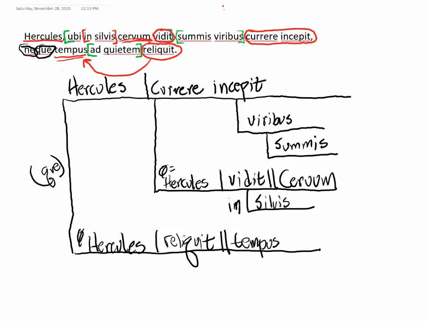And then once again, everything else that we have left over is adverbial. And we have two things left over. We have this ad quietem, prepositional phrase, preposition with an accusative. And then we've got ne, which is just a negator, regular old adverb. So we'll drop the ne down off of reliquit, and then we'll drop our prepositional phrase down off of reliquit.